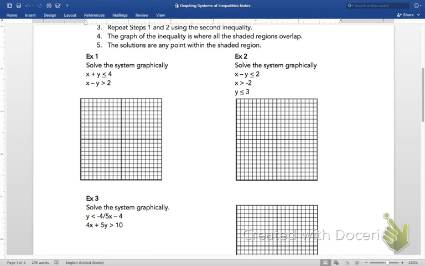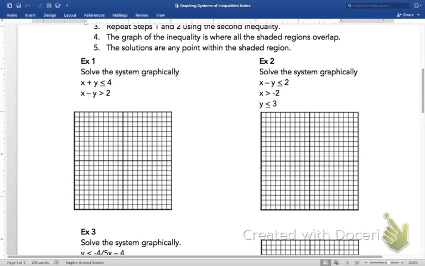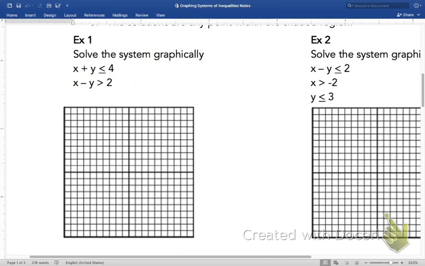So if we're going to graph these, so if I have the first one, and if we zoom in to make this a little bit easier, okay, so it says solve the system graphically. So first thing we want to do is put this in slope-intercept form. So in doing that, I'm just going to move the x over to the other side.